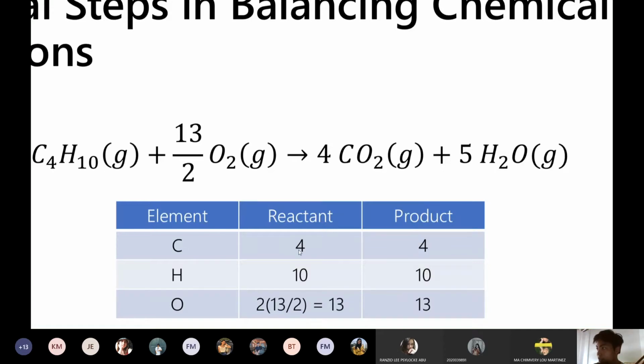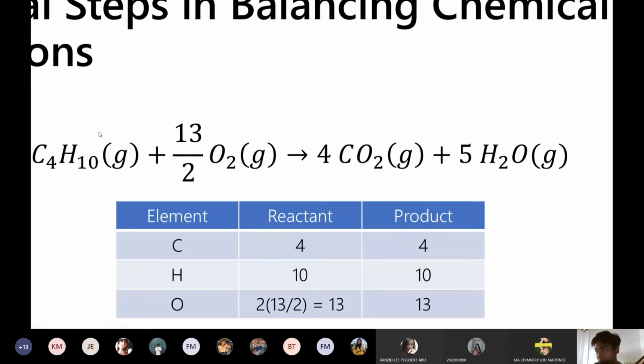So, again, how to balance combustion reactions. You count the carbons first, then you balance them. Count the carbons on the reactant, balance the carbons on the product. Then, hydrogens. Count the hydrogens in the reactant side, then balance the hydrogens on the product side. Then eventually, count the oxygens on the product side. Then you balance the oxygen on the reactant side.